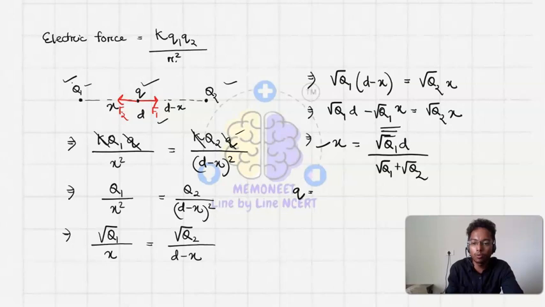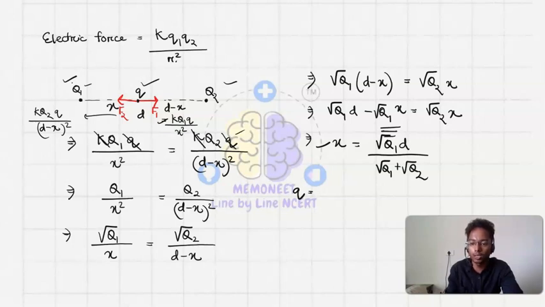Why? The force for q1 is k q1 into q upon x square, and the force for q2 is k q2 into q upon d minus x whole square.